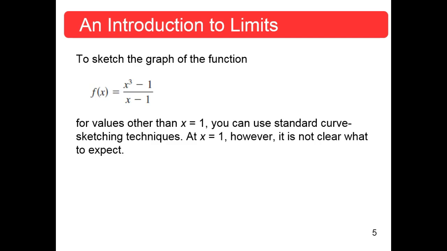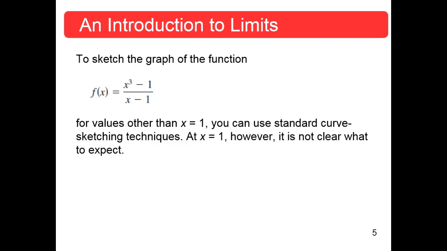0 over 0. So don't tell me this one's undefined. In algebra it would have been, but in calculus we would call it indeterminate because you'd have a 0 over 0. Okay? But you still can't plot that on a graph, can you?